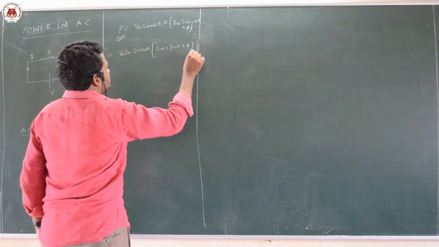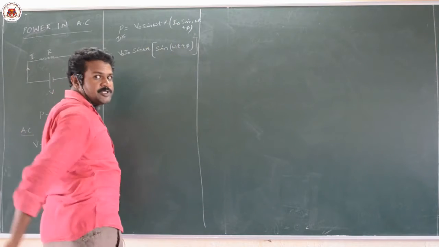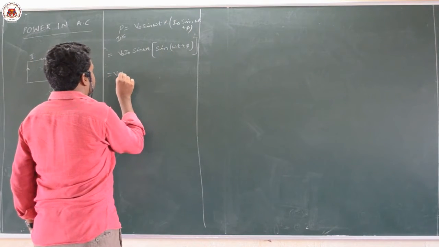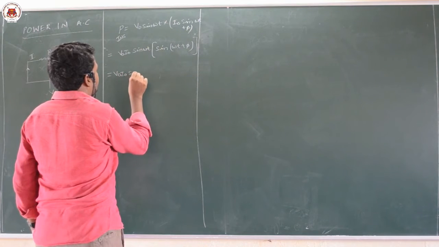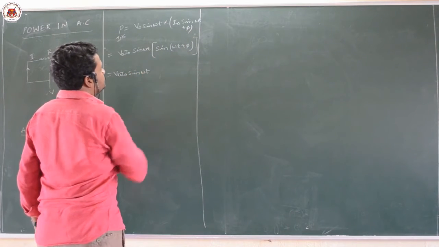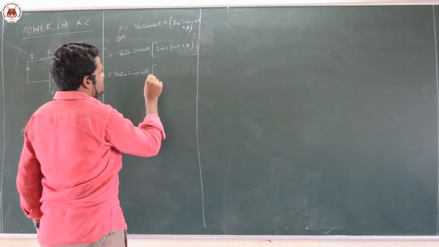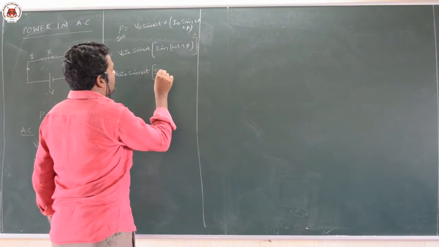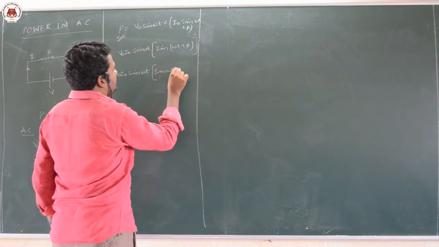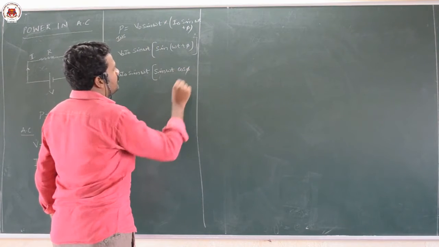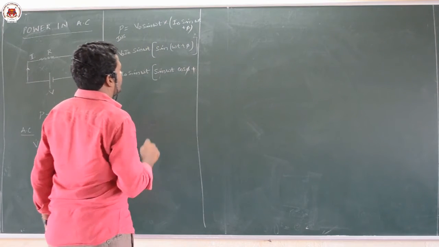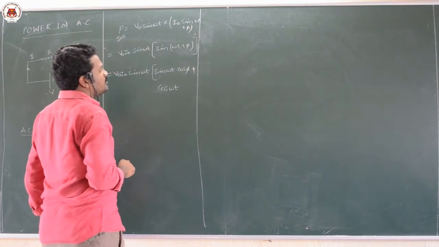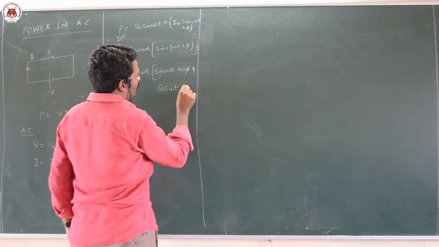Here if you observe, this is in the form of sin(A plus B). So, therefore, you can write this as V naught I naught sin omega t times sin A cos B plus cos A sin B, that is, sin omega t cos phi plus cos omega t sin phi.